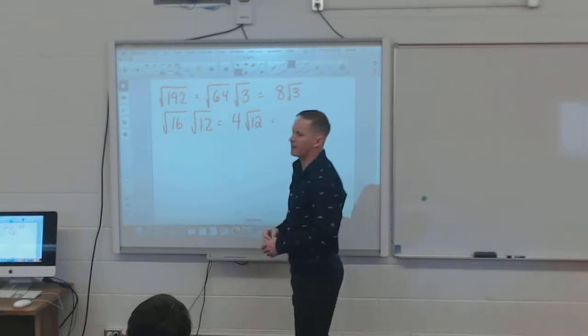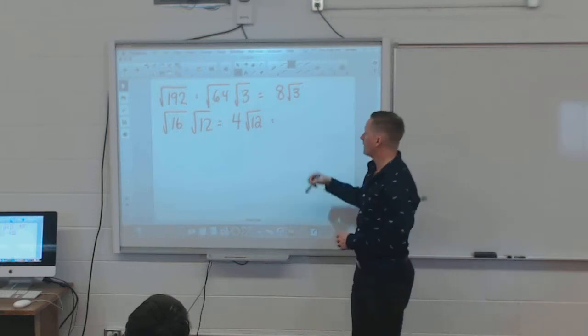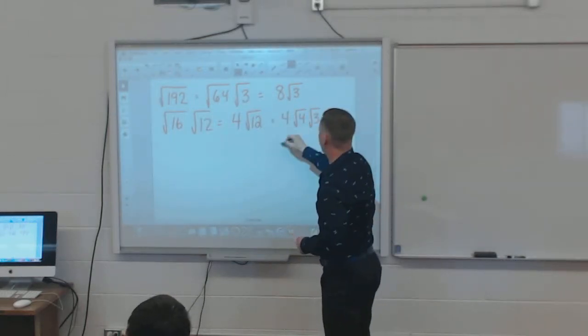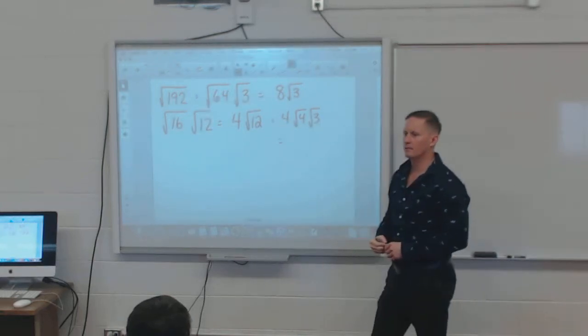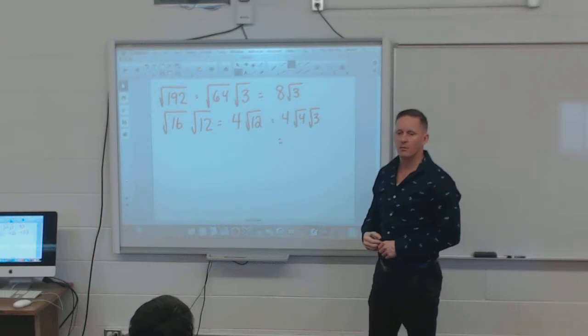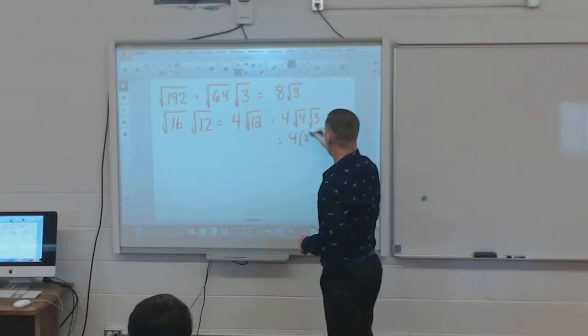Is there a perfect square that goes into square root 12? What is it? 4. So I can change that to 4 square root 4 times square root 3, right? 4 times 3 is 12. What is the square root of 4? 2.